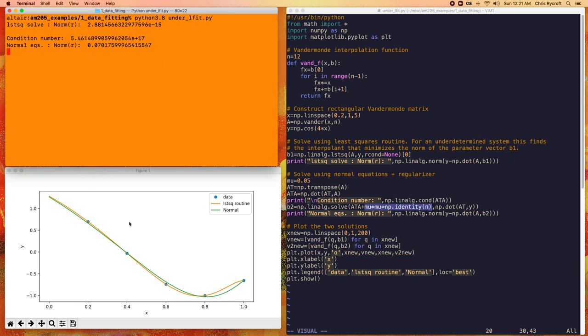So when we look at the normal equations with the regularizer, we see that we still match our data points fairly well, but as expected, they don't match the data points exactly. And we find that in this case, there is an appreciable residual norm here.